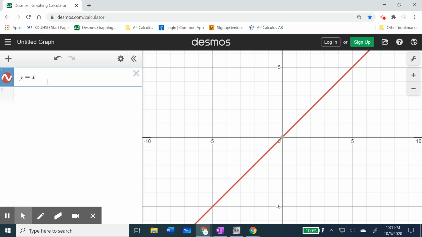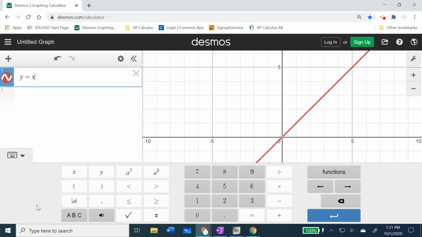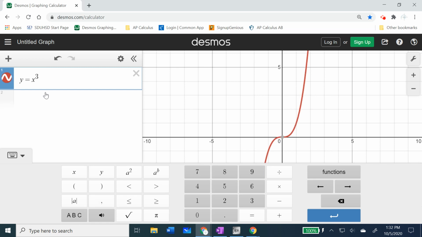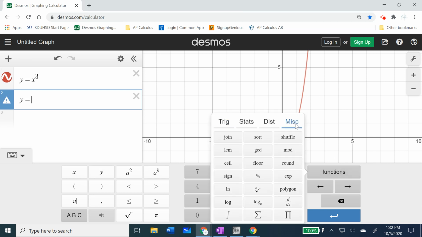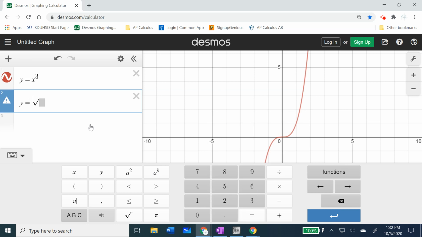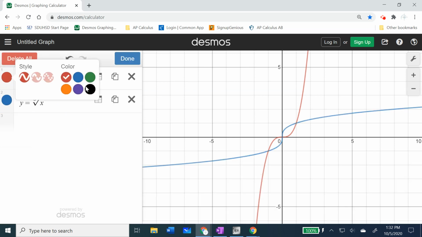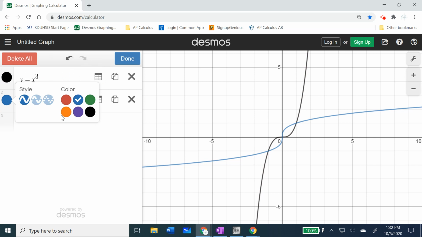And I can change the colors on here quickly. So I'm going to change the colors on both of these graphs then.